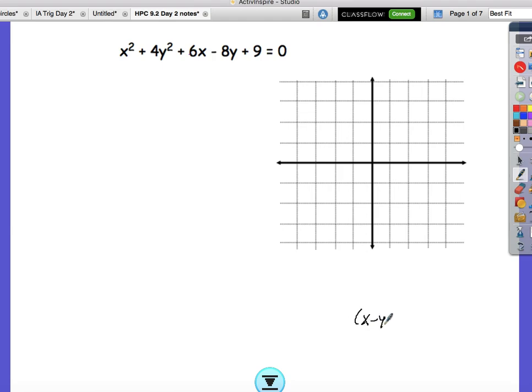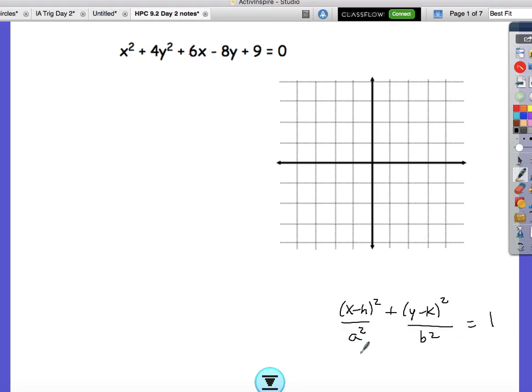I know that because it doesn't look like our typical formulas for ellipses. Remember, our formulas in general look something like this. So we have x minus h squared and then y minus k squared on top. And if it is horizontal, you're going to have the a squared underneath the x's.